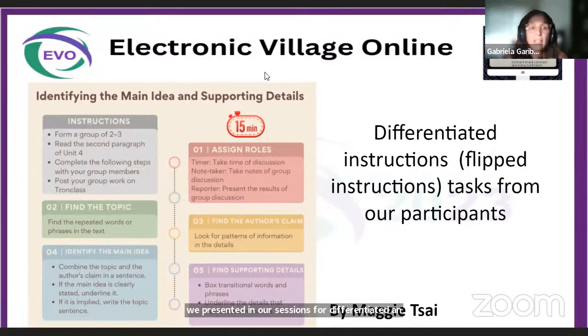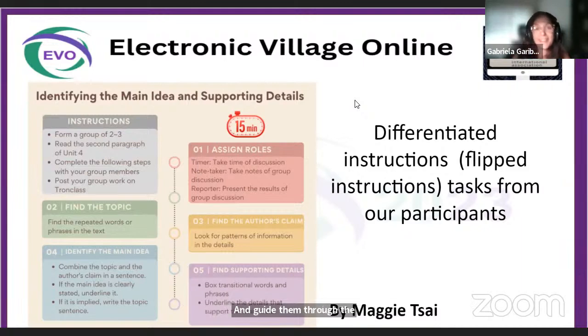You can see in this display of elements: instructions, find the topic, assign roles, the time allotted for the task, the detail of what the students have to do. It's present there, in order to foster their autonomy and guide them through the tasks.